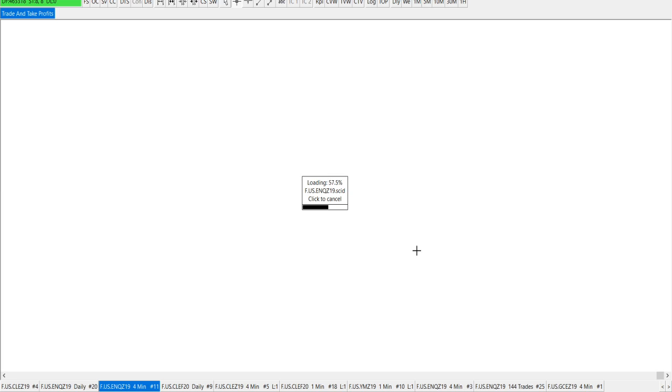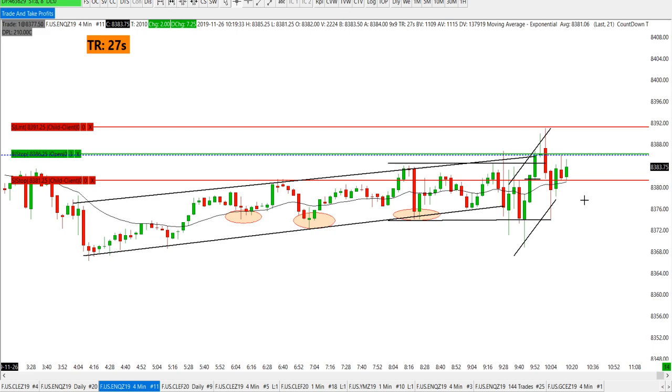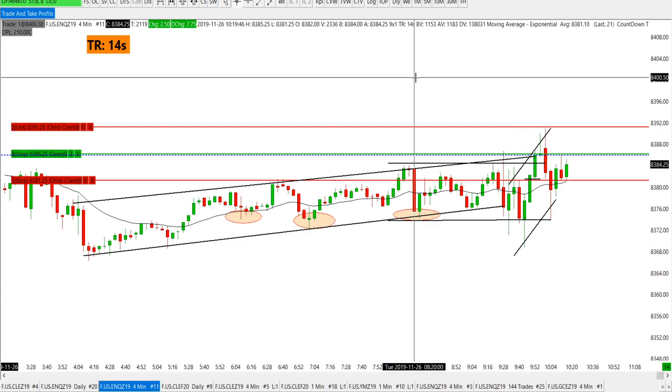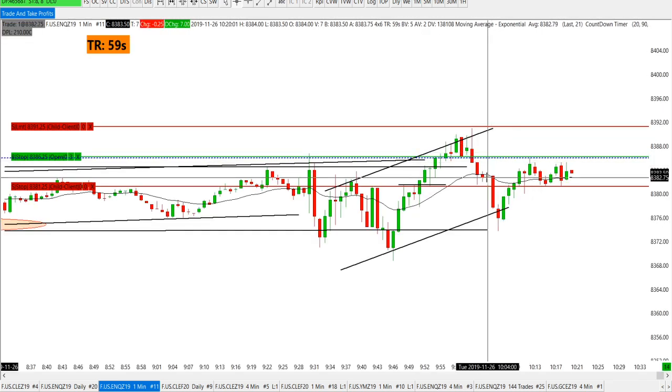Alrighty, so let's see if smart money can push this bad boy up to the highs. Because overall, this looks like a washout, and it looks like it's probably going to make a new high. So that's what I'm looking at right now. I'm willing to take a loss on this one.